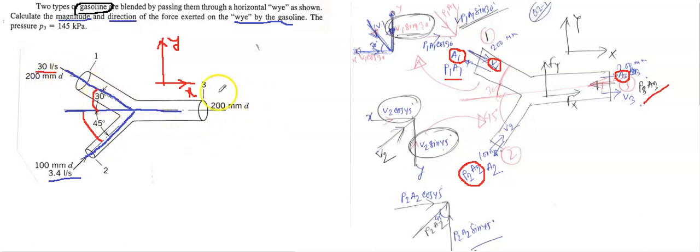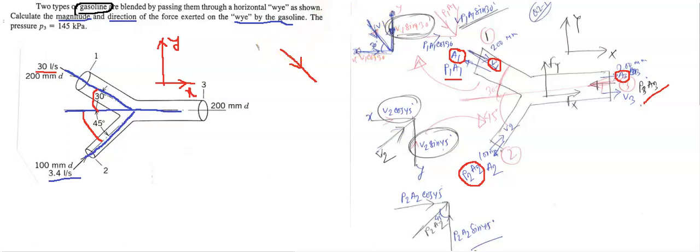It is coming this way. If I draw this, it's something like this. This is the velocity v1. I will use another color.